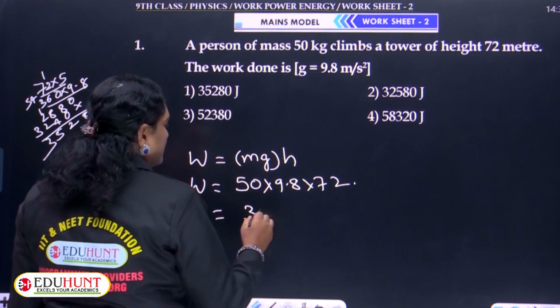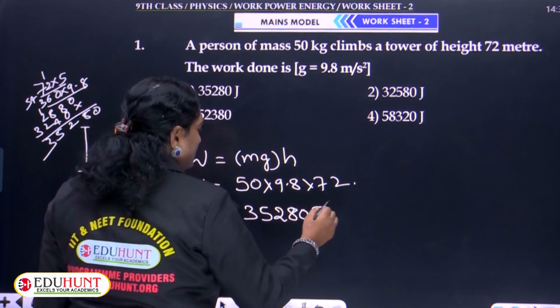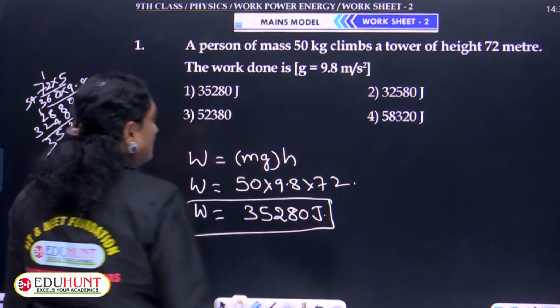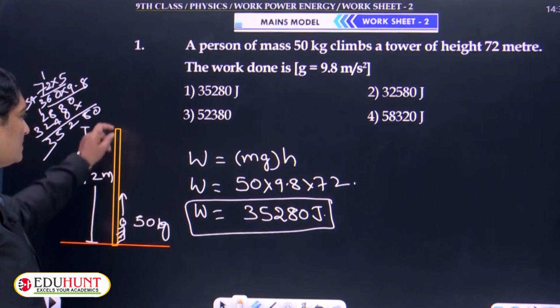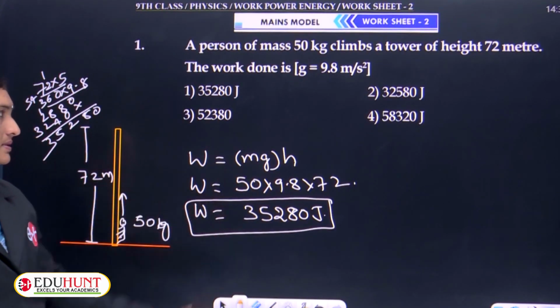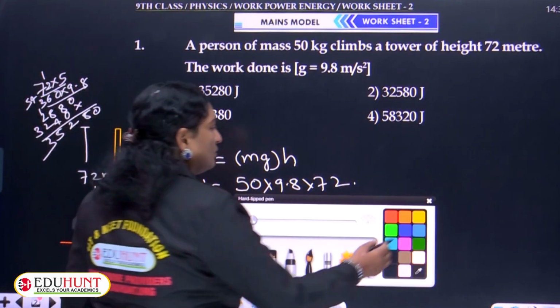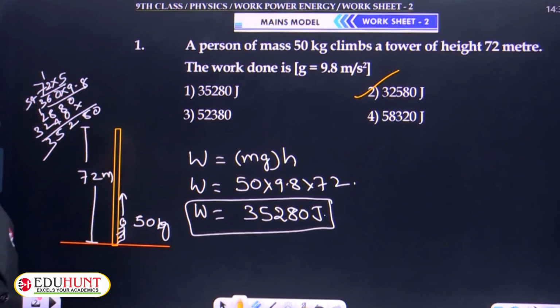So what is the correct answer, children? 35280 joules. So the work done by this person to climb the tower of height 72 meters is found to be 35280 joules, and hence the second option must be true.